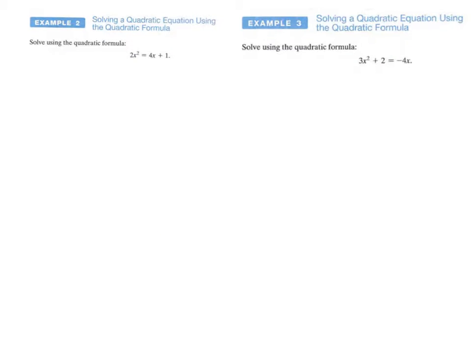The examples I have here are problems that aren't in what's called standard form, and that means we need to have the 2x squared with the other letters. I'm going to go ahead and move it to the right. That gives me 0 on the left, so I have a negative 2x squared plus 4x plus 1.